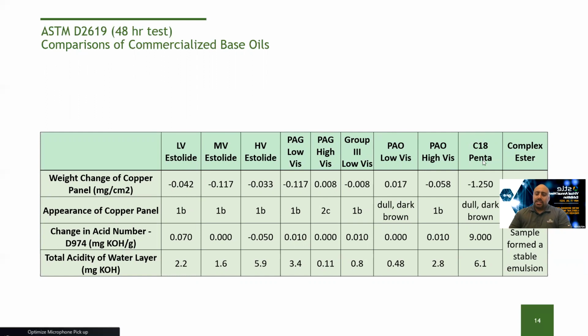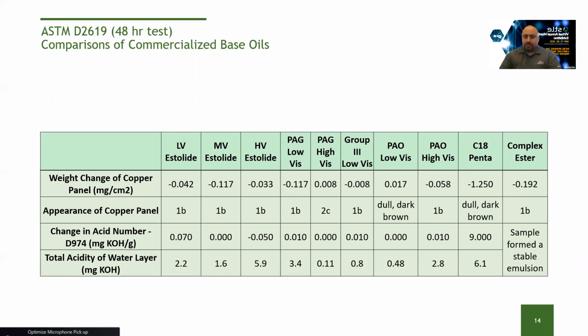If you look at the C18 pentaerythritol and complex esters, there was a remarkable increase in acid number for pentaerythritol, and really we were not able to get a TAN number for the complex ester because it formed a stable emulsion, which indicates that there was a high percentage of fatty acids generated in that sample because of the emulsion.